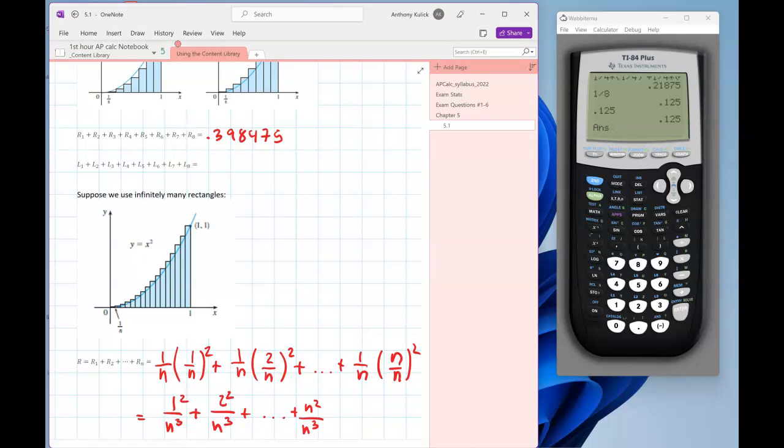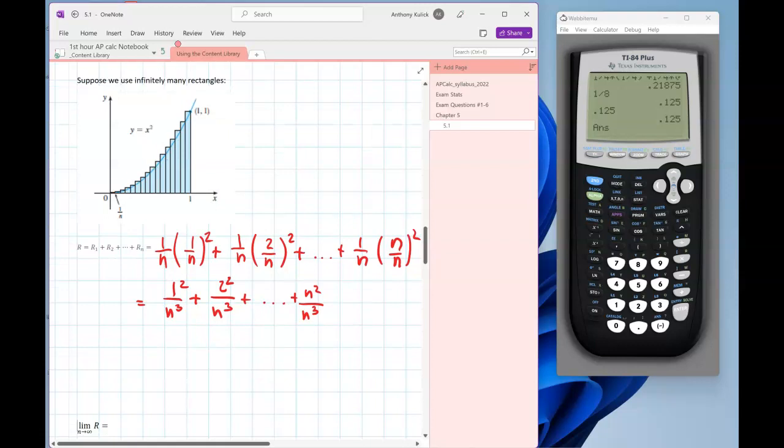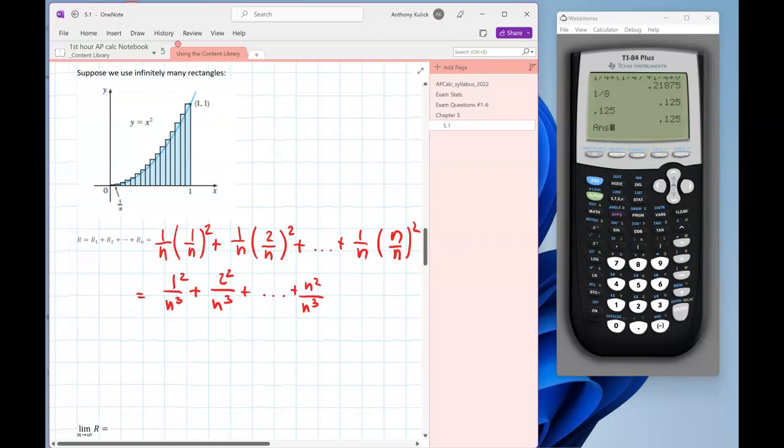Be a little bit clearer where I'm going to go. Okay. Everybody still doing okay? So I notice that each term contains a factor of 1 over n cubed.